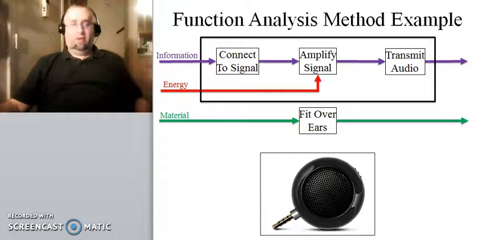So instead of earphones, you get something that still has this physical jack, this 3.1 millimeter jack that plugs into wherever the sound is coming from. And you still have the system that essentially converts the digital signal and amplifies it into an audio signal, and a system that transmits that audio signal to the ears of the end user. But this device does not have to fit over the ears of the user because that's no longer a system requirement.